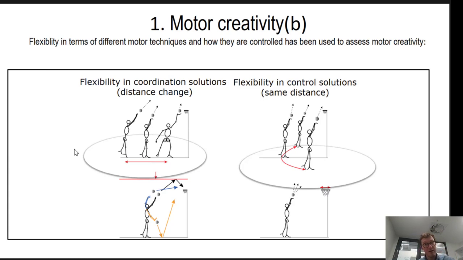Because the constraints are changing, so in order to solve that problem, we have to modify what we do. Okay, so that makes perfect sense, hopefully. Flexibility is functional under these sorts of divergent doing conditions.